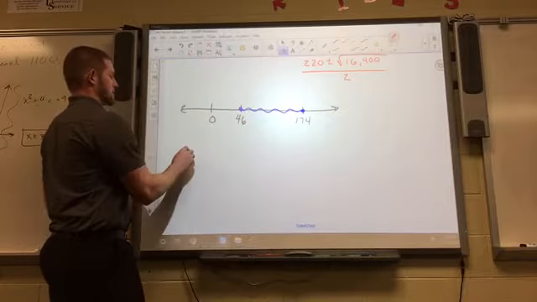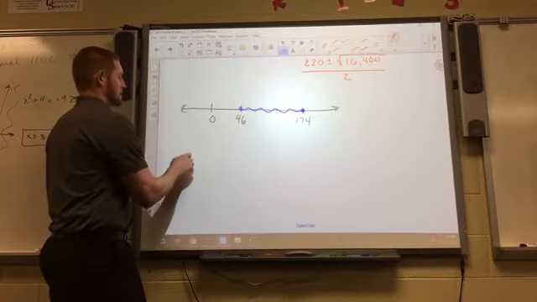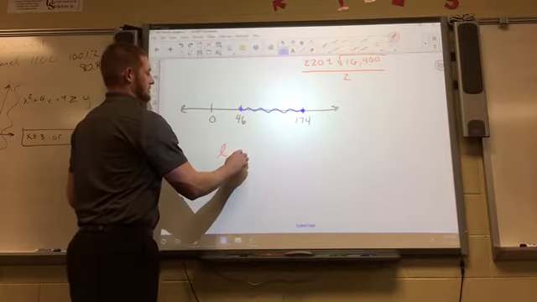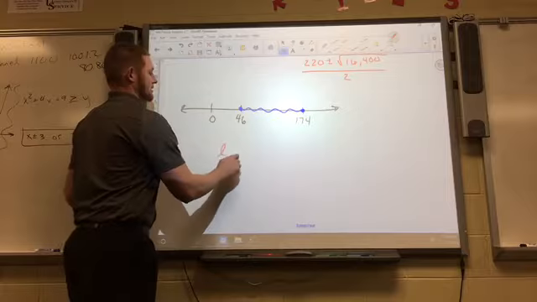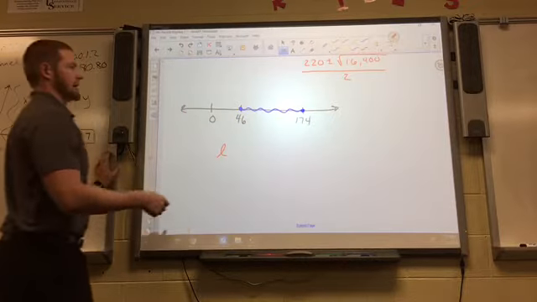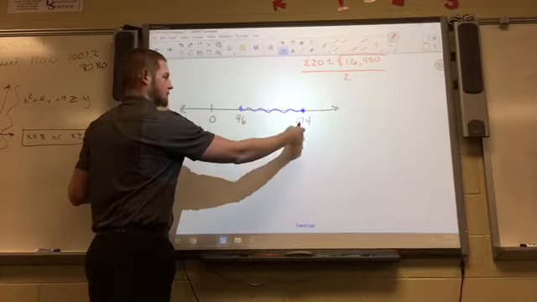My answer is that my length could be less than or equal to... I'm not sure how they're wording it. It has to be at least 46, but no more than 174.